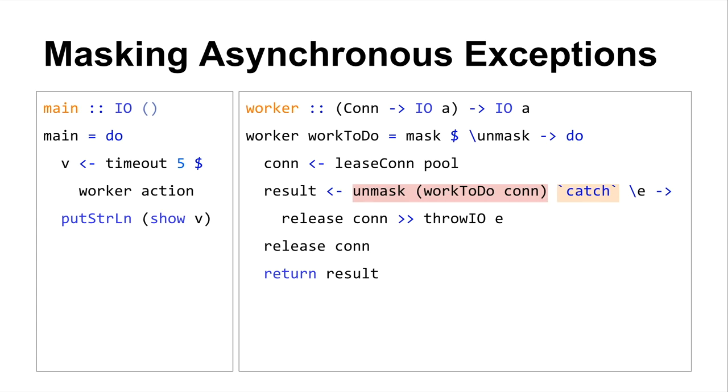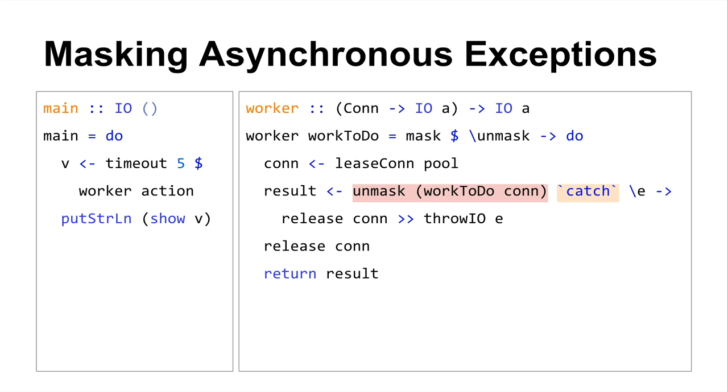Are you saying, if you were to raise a synchronous exception inside the body of mask, does mask catch it and put it in here? I don't actually know. I'm not sure how that works. If a synchronous exception is raised in work to do, I would expect that to also be caught though. Yeah, I would as well.